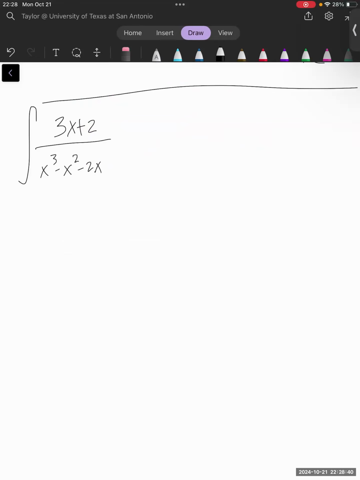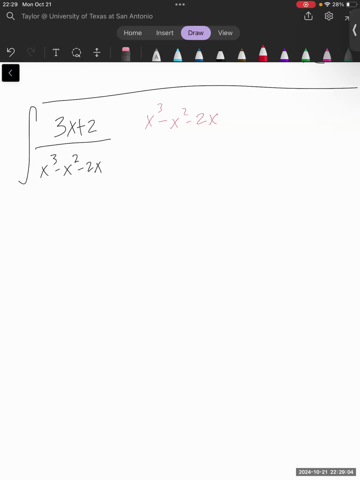All right, so the next example we're going to look at is the integral of 3x plus 2 over x cubed minus x squared minus 2x. What I'm going to do is rewrite that bottom polynomial over here and factor it. I'm going to show you guys that algebra. x cubed minus x squared minus 2x.